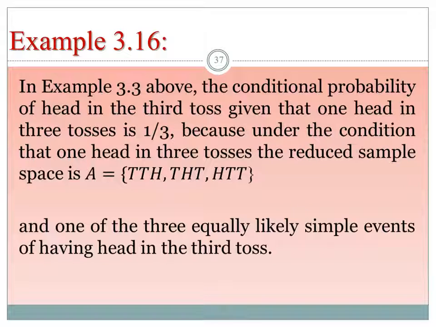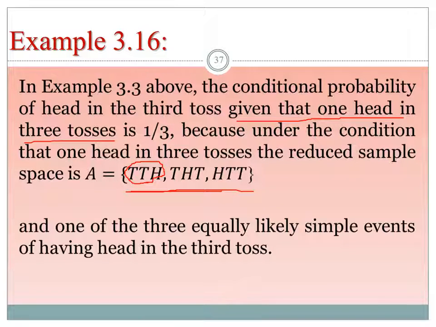Under the condition of one head in 3 tosses, the reduced sample space is A, exactly one head in 3 tosses. The question is the conditional probability of a head in the third toss. A head in the third toss is only possible for one outcome, so this conditional probability should be equal to 1 over 3.